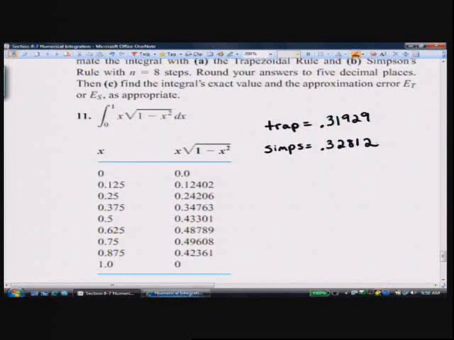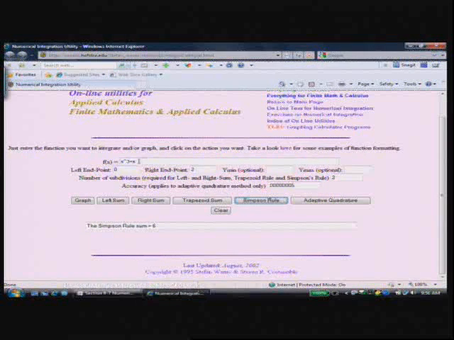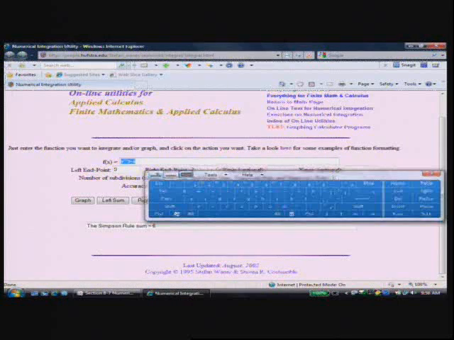Now, we can go to our cool website and change this. I should have practiced this. I'm guessing I'll do x times, probably SQRT also. SQRT, shift, parenthesis.